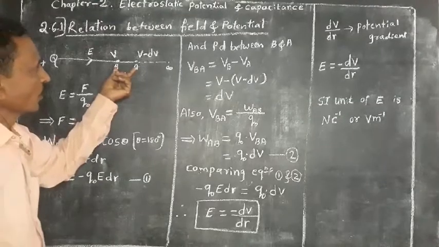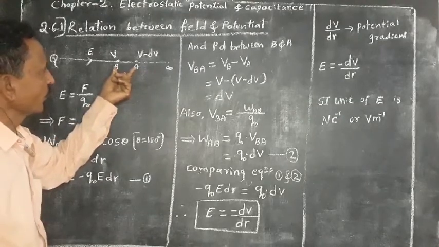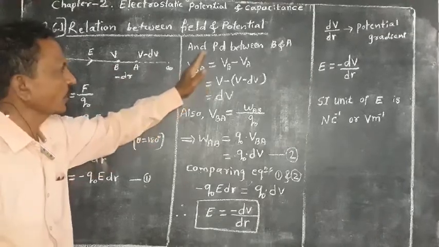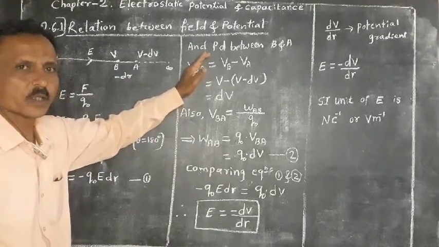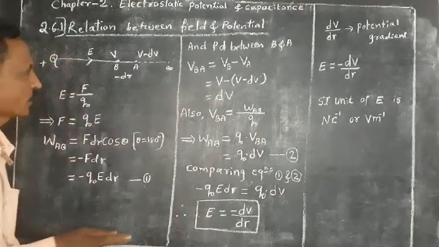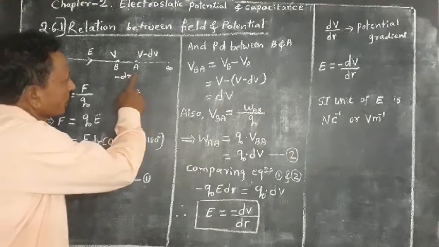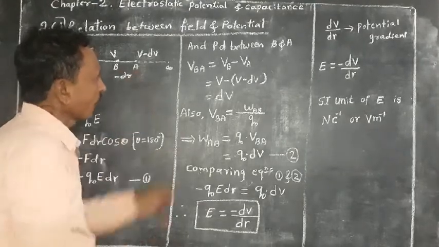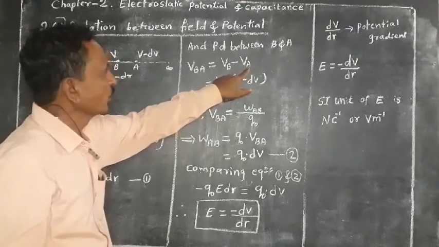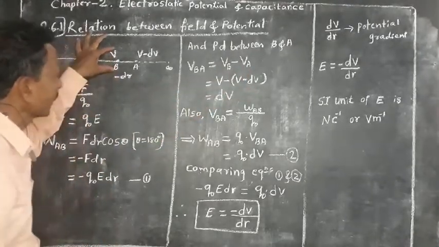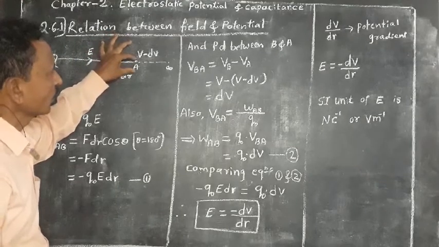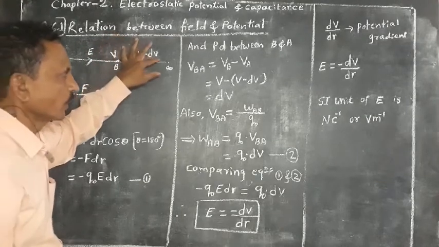Therefore, the potential difference between B and A is VBA, equal to VB minus VA, where VB is the potential at B, and VA is equal to V minus dV.